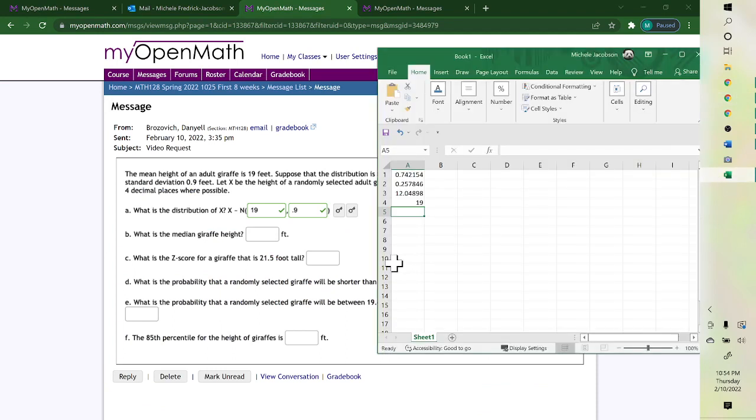So x is 21.5. Now you could do this in a calculator. Put a parenthesis, 21.5 minus the mean, which was 19, parenthesis, divided by the standard deviation, which is 0.9. And so this is your z value.